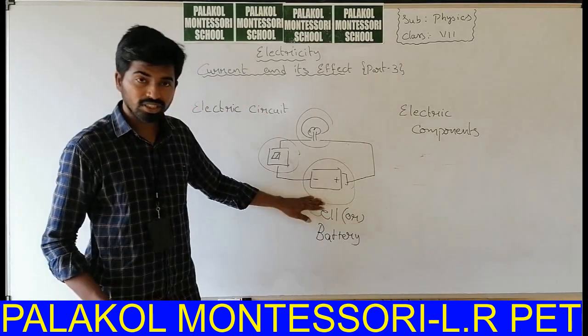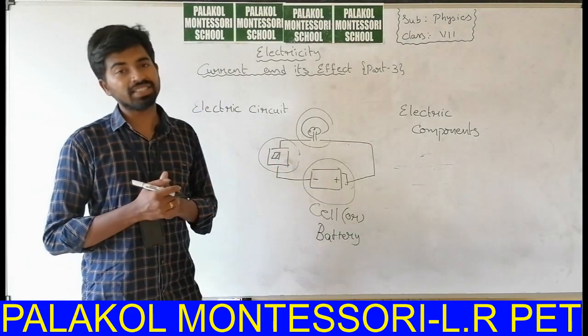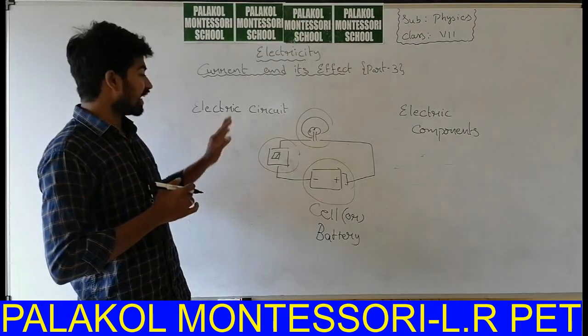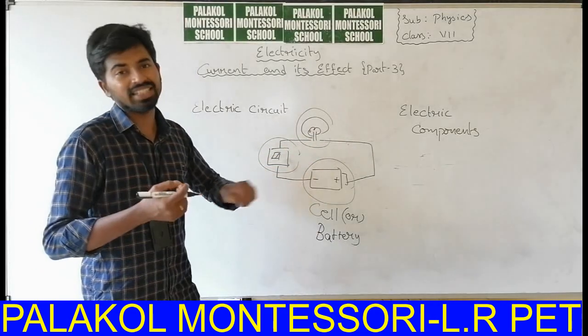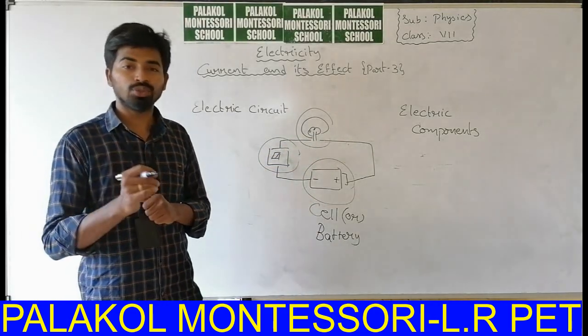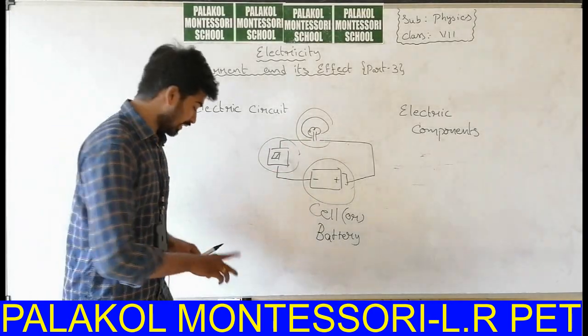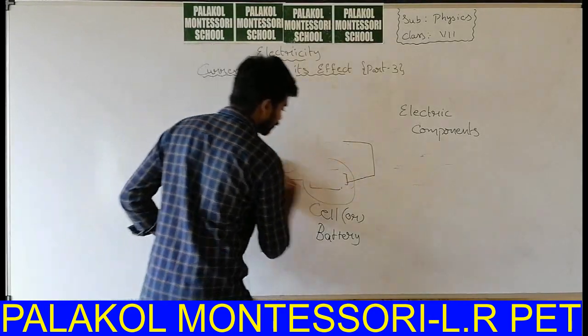We can denote the bulb, battery and switch with different symbols. Let us see what symbols we can use in an electric circuit. Always drawing pictures like this is a little difficult, so we can use symbols in place of these diagrams.